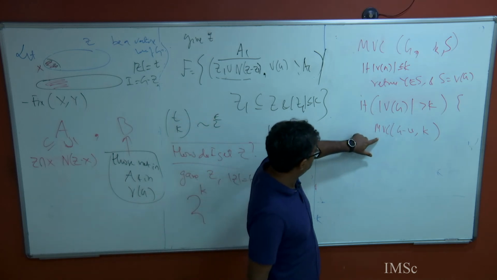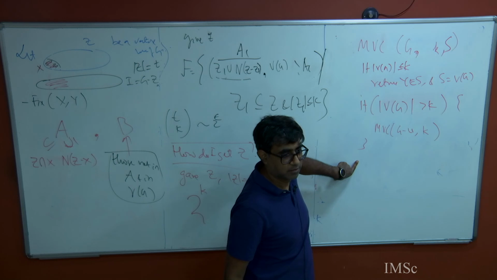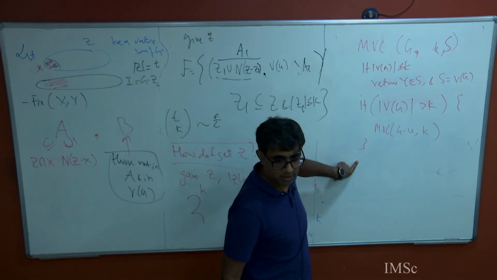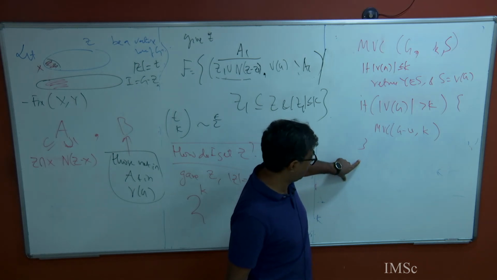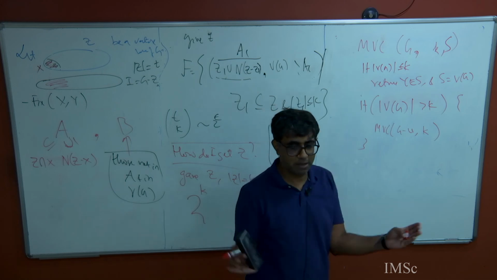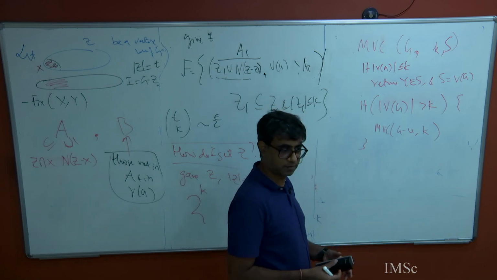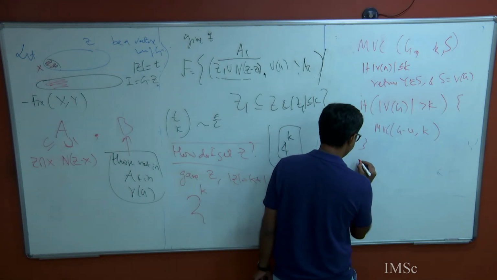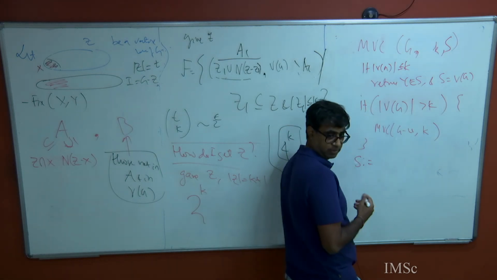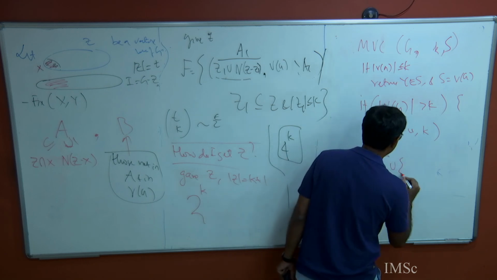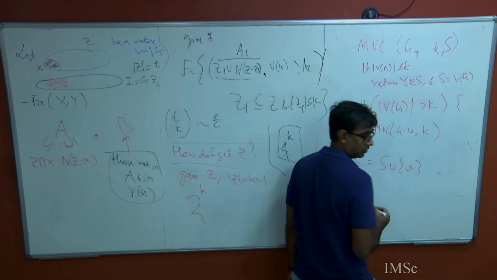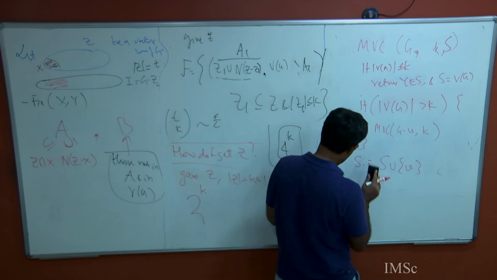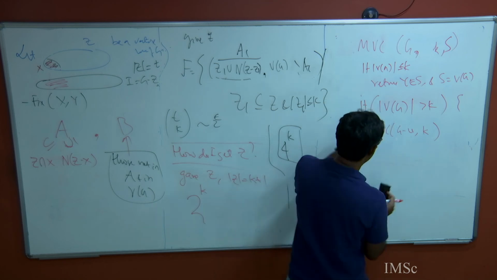So what will happen when I come here? Either I will come here, and if I come here, I have a solution S of size k. If I return here, what do we have? Let S equal to, in the beginning, S union V. So it returns something.